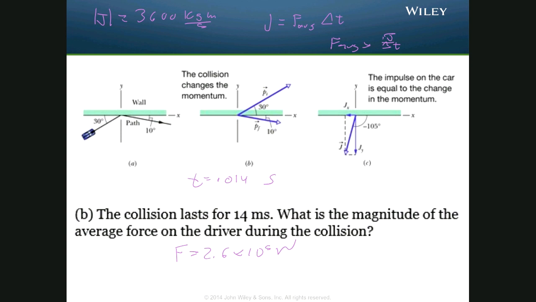Because you've gone from 0.014 to 0.5, the force on your head is substantially reduced. And you might get a concussion, but you won't get a cracked skull and die. So that's how airbags save lives, and there are a lot of applications for this topic, and collisions in general. We're always bumping into things, and we always want to try and survive.